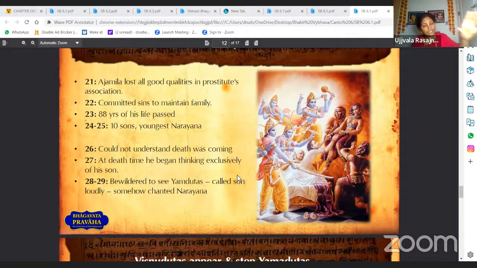So he was thinking of that son named Narayana. Even at the time of death, when the Yamadutas were trying to pull the soul out, because he was so attached to his son, he called his son who was playing at a distance and uttered Narayana.